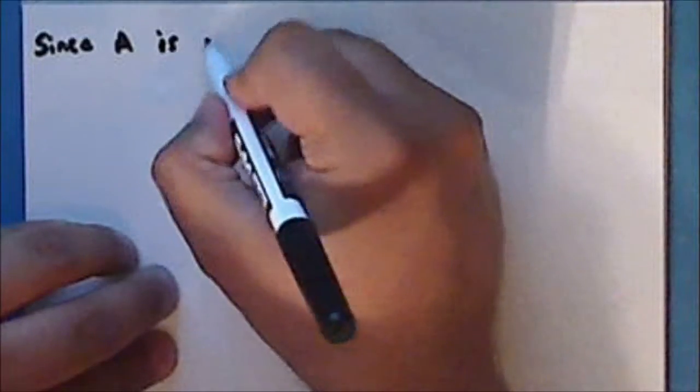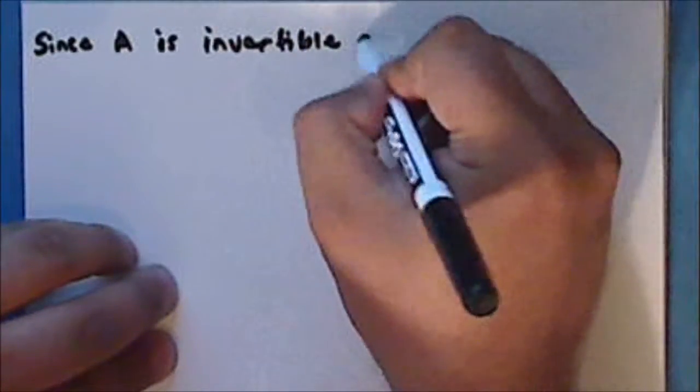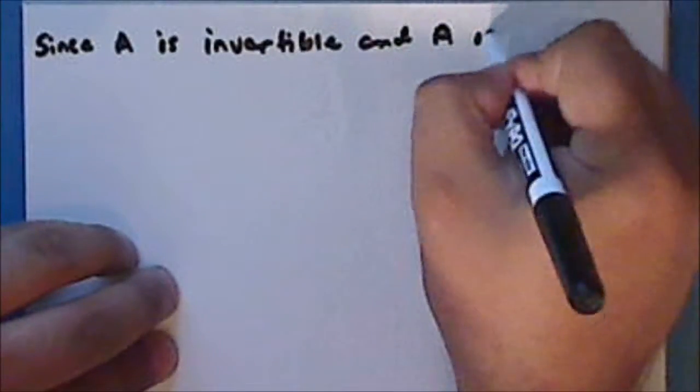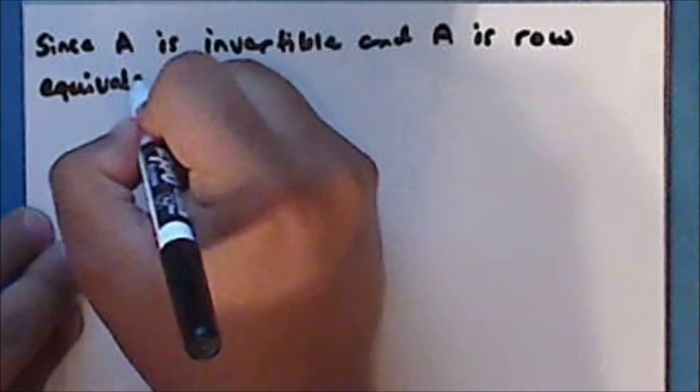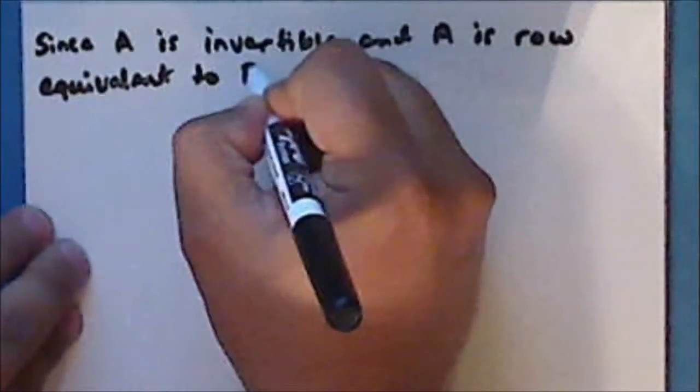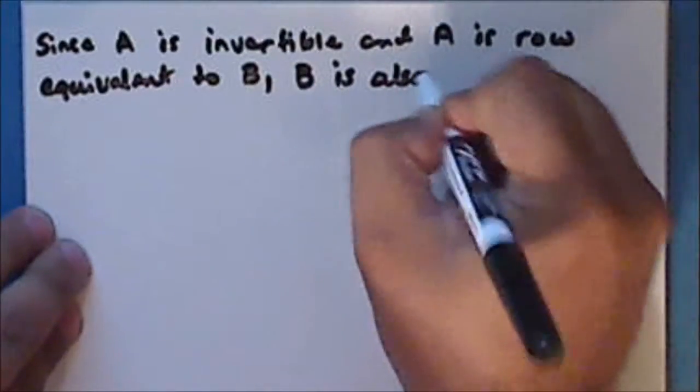Now, since matrix A is invertible, and the matrix A is row equivalent to the matrix B, then the matrix B is also invertible.